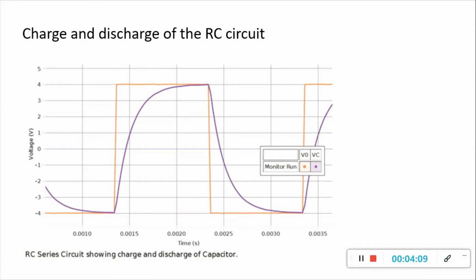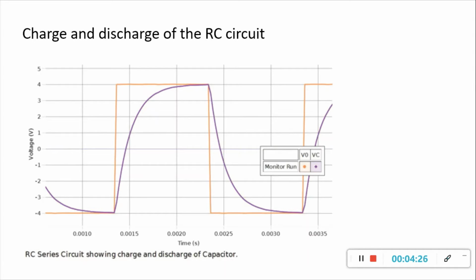So what is happening in the RC circuit is plotted. From this plot, we can see that the x-axis is time and the y-axis is voltage.